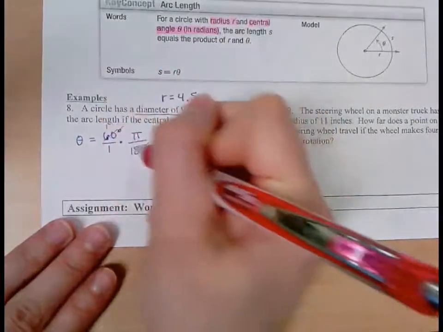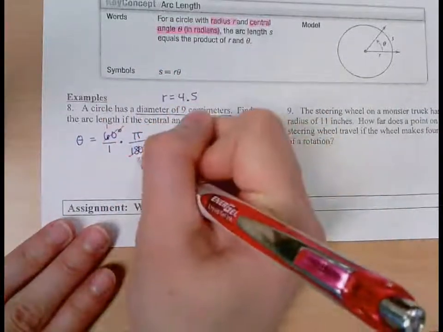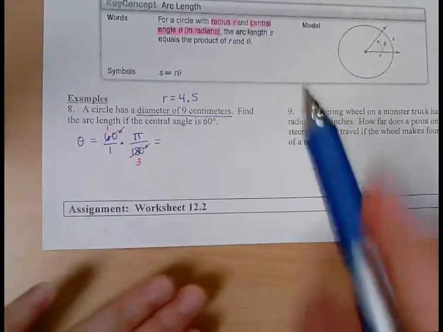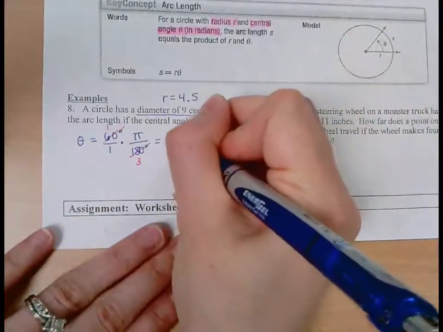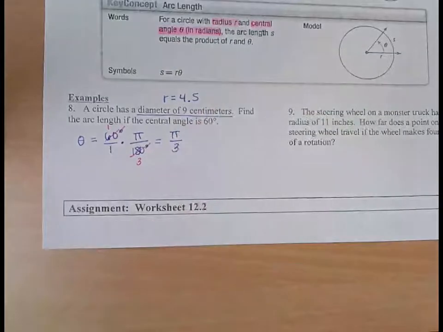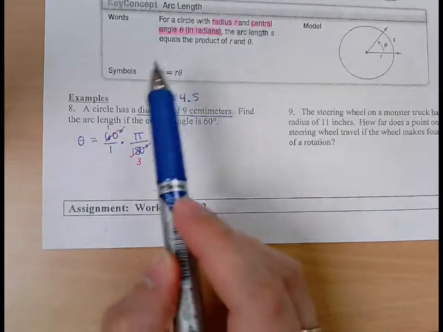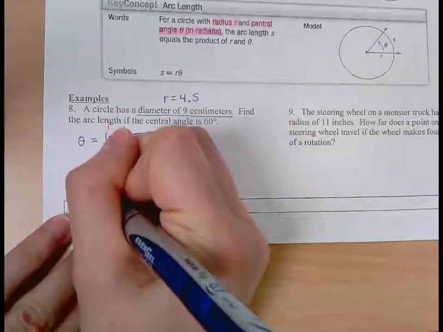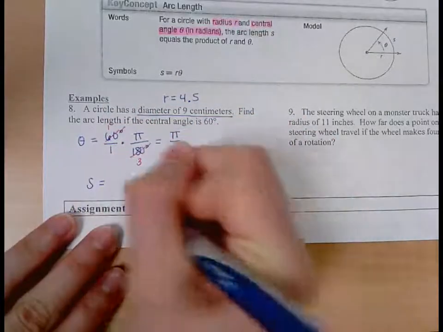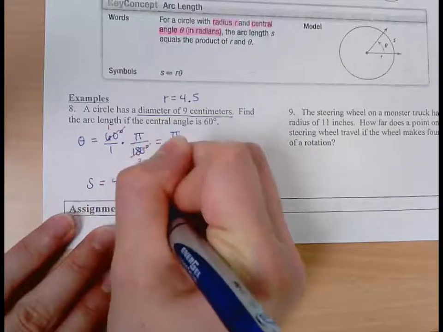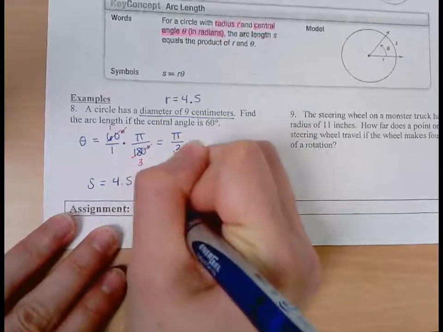So the 60 becomes 1. 180 divided by 60 is 3. So 60 degrees is equal to pi thirds, or 1/3 pi, if you wrote it that way. And then once you have the radius and the central angle in radians, you just substitute it into this formula. So the arc length s is equal to 4.5 multiplied by pi over 3.